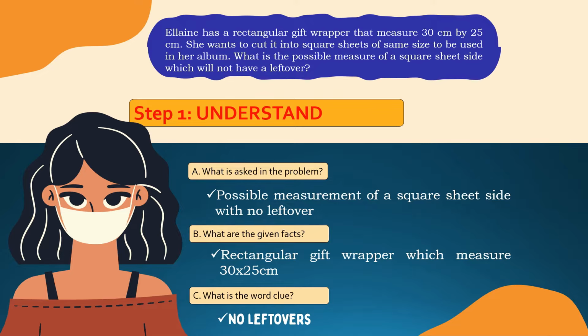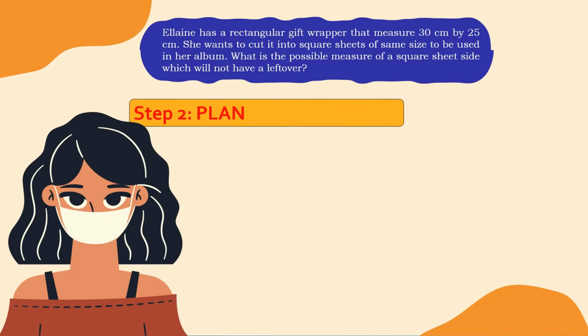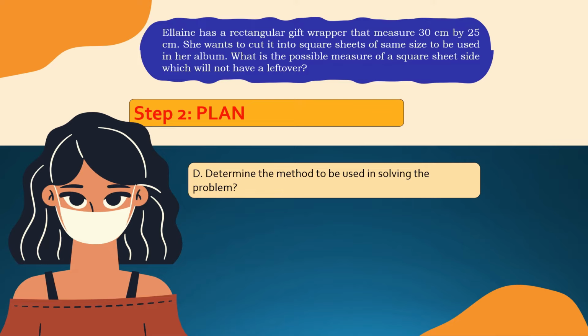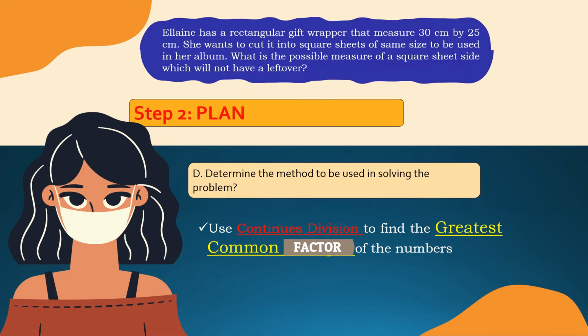This means that we have to get the GCF. Step 2 is plan. We have to determine the method to be used in solving the problem. This time, we will use continuous division to find the greatest common factor of the number.